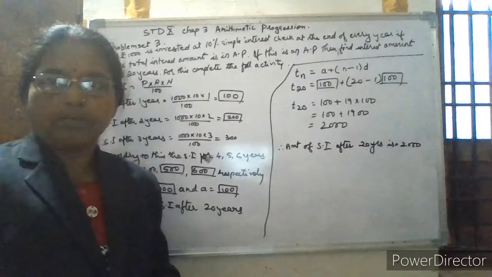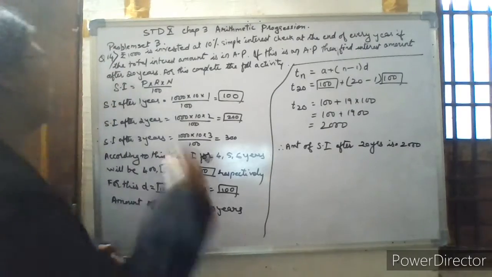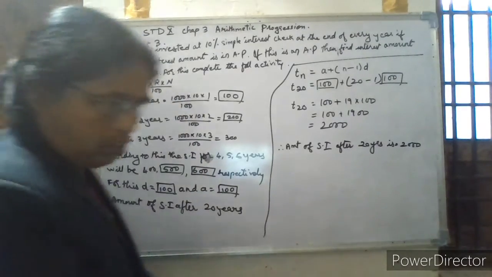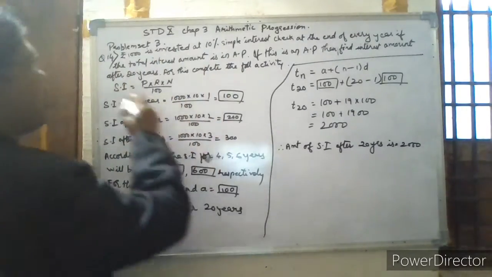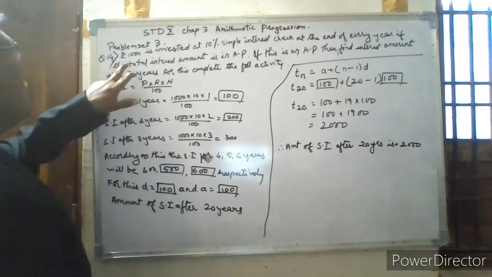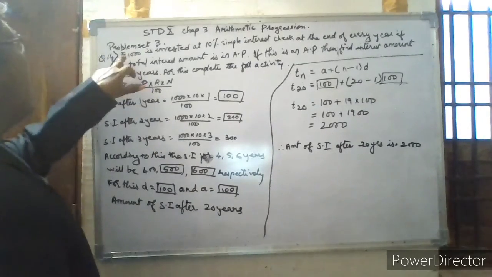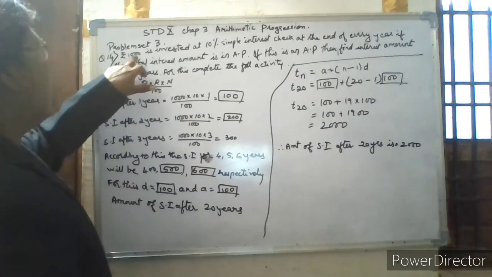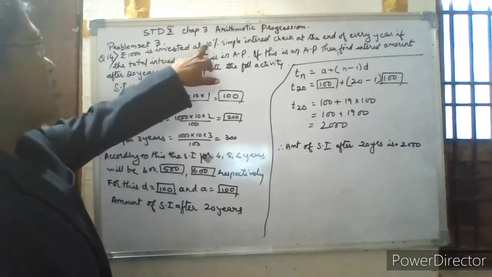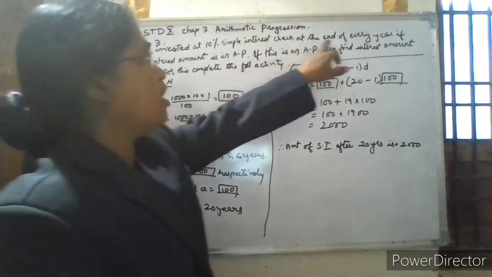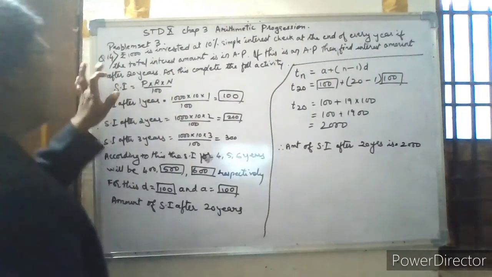Now let us solve this 14th question. The 12th and 13th questions I will solve later on. Now see here, the 14th question is an activity question. 1000 rupees is invested at 10% simple interest. Check whether the interest amount at the end of every year is in AP.